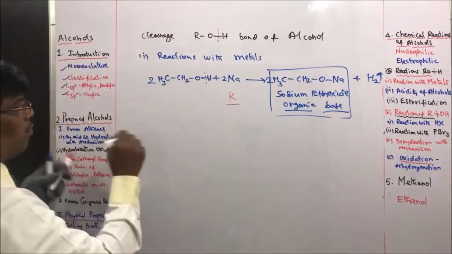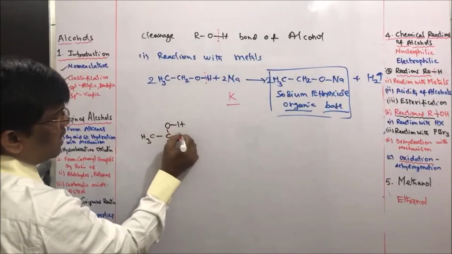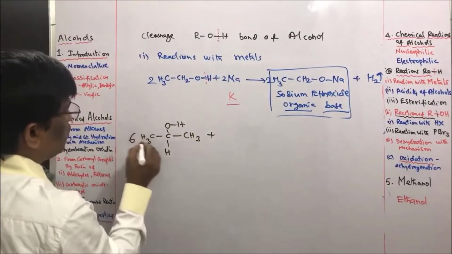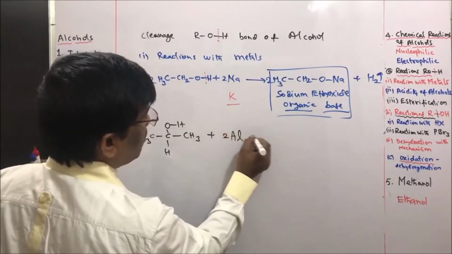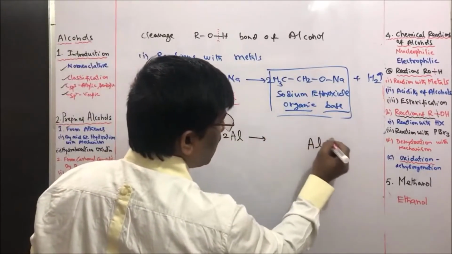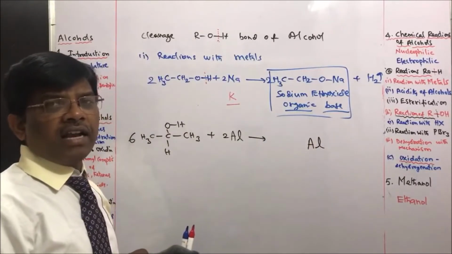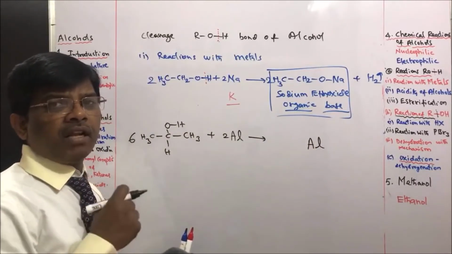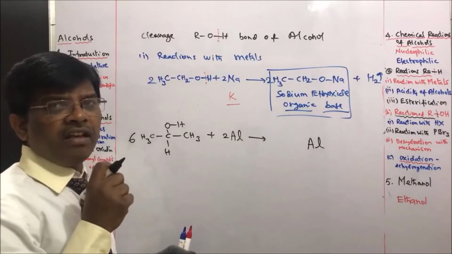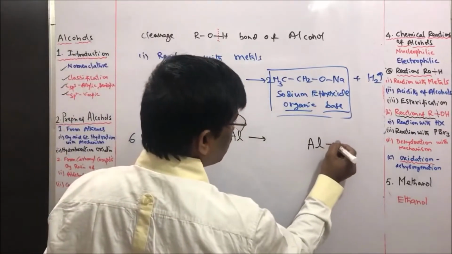Or for example, if I take isopropanol, hydrogen is here, 6 moles here, 2 moles of aluminium, I get aluminium isopropoxide, which is used as a reducing agent in organic chemistry for the reduction of carbonyl compounds in a named reaction, the MPV reduction, which uses this aluminium isopropoxide.